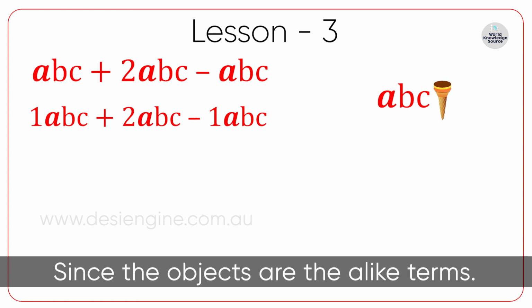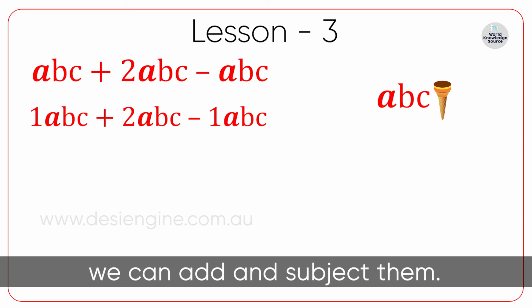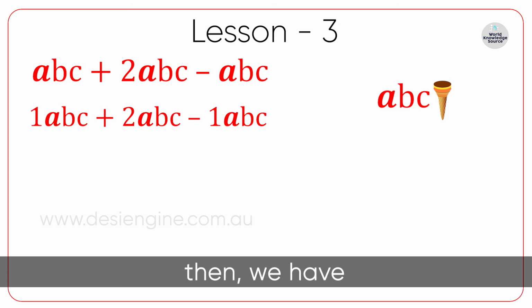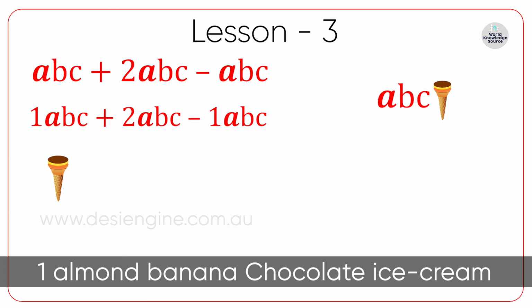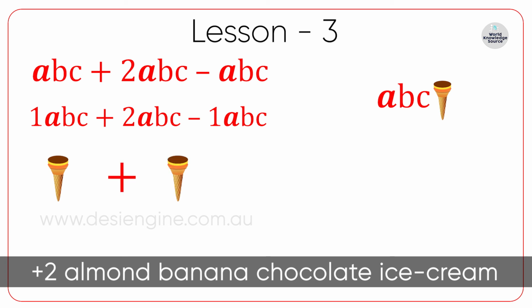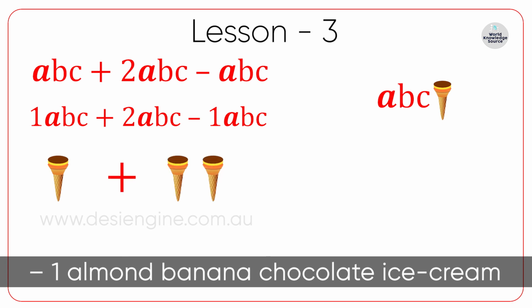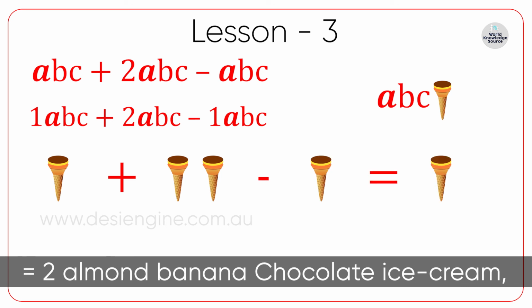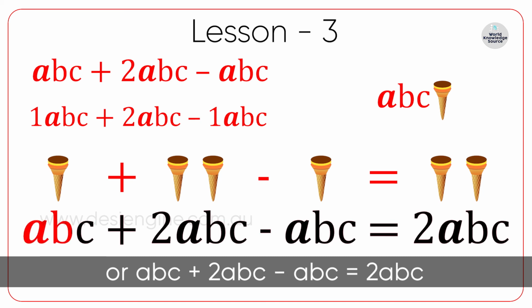Since the objects are alike terms, we can add or subtract them. Then we have 1 almond banana chocolate ice cream, plus 2 almond banana chocolate ice cream, subtract 1 almond banana chocolate ice cream, which equals 2 almond banana chocolate ice cream. Or abc plus 2abc subtract abc equals 2abc.